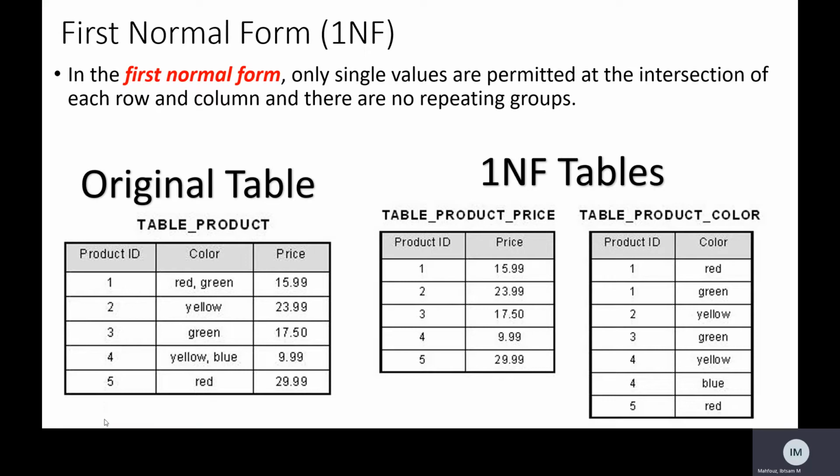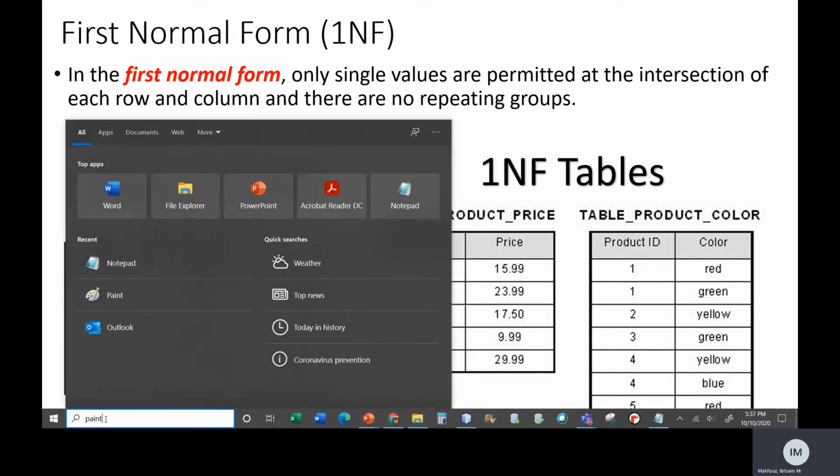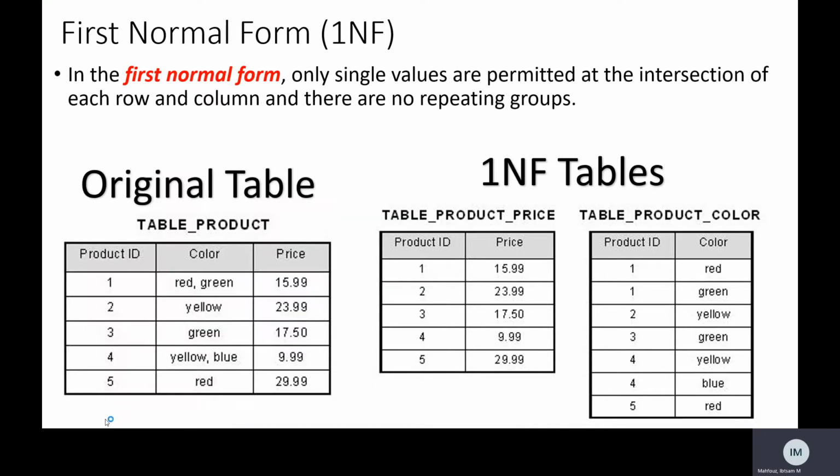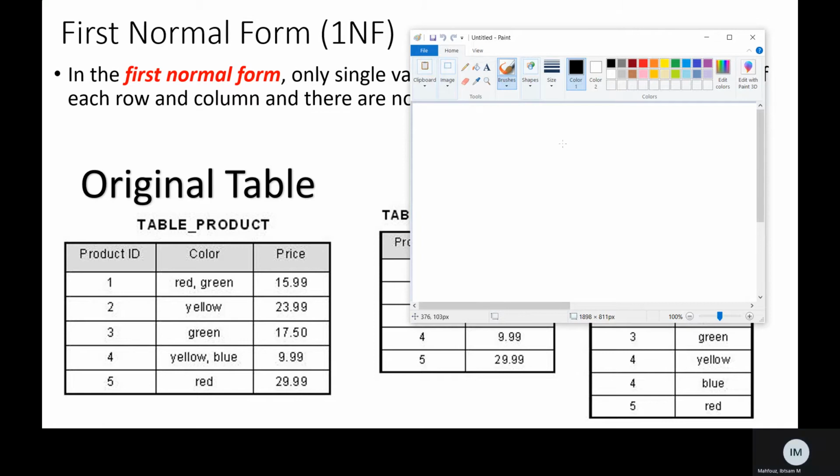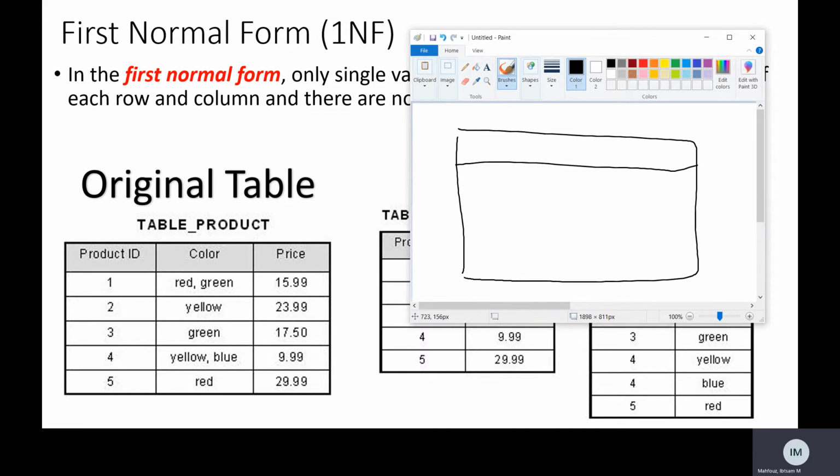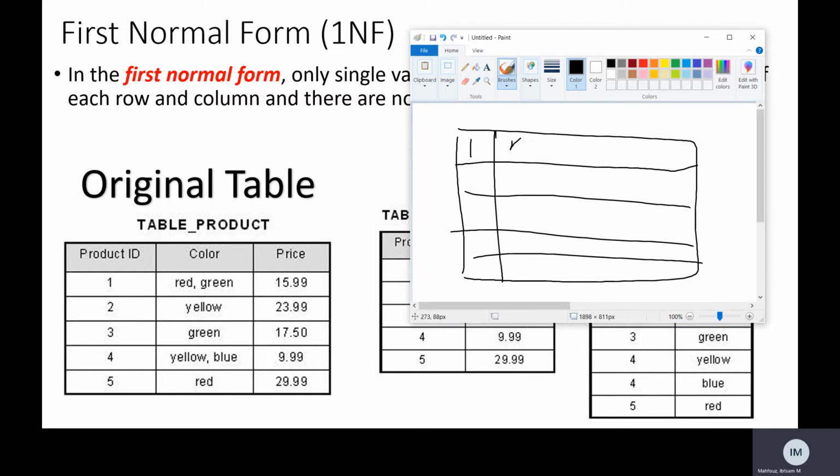Let me try to draw it out for you, because in the slides this is done in 2 steps. The first thing I would need to do is split my data so that I have product ID 1, red, and it's $15.99.